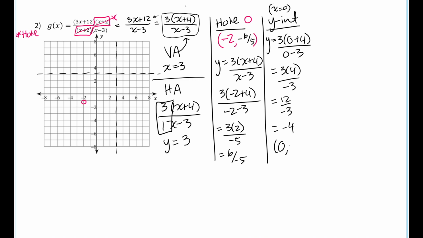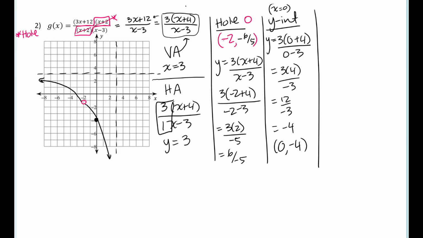So we have 0, -4 as another coordinate. So let's plot a point there, 0, -4. All right, that is 2 points in one of the quadrants. Let's go ahead and find the other coordinates.